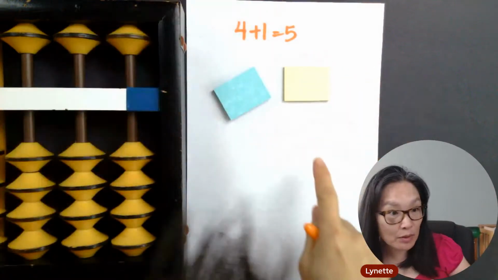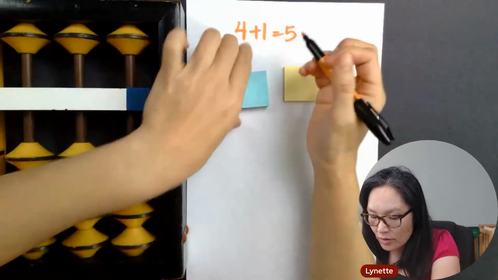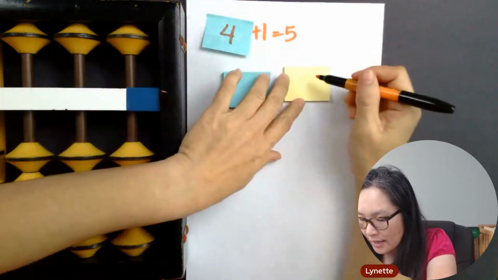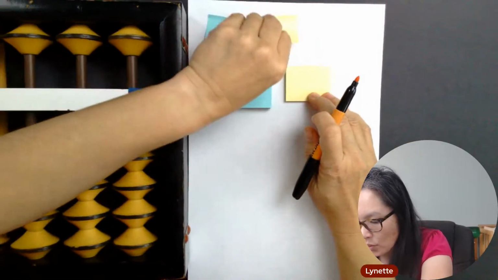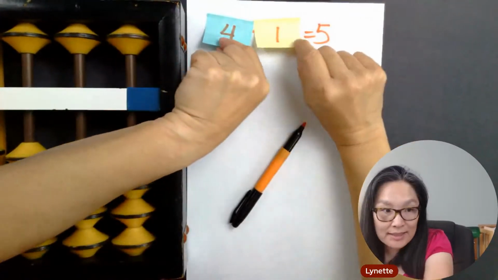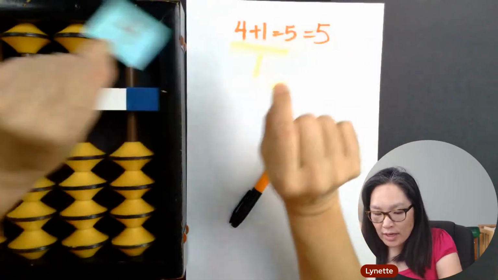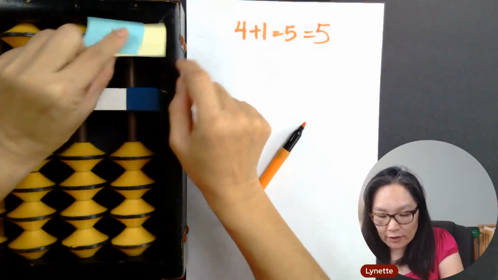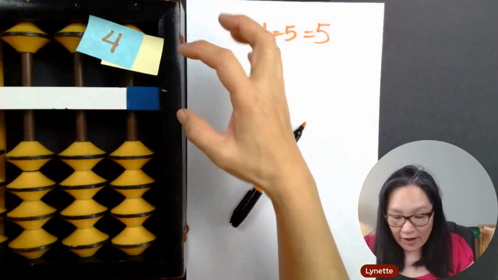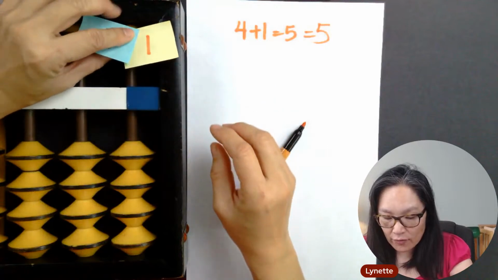Okay, I have these Post-its. And now if I do 4 and 1, right? 1 plus 4 is equal to 5. That's the same thing if we take these two and we put it on our 5 bead right here, right? The 5 bead. So this 5 bead has a 1 and a 4.